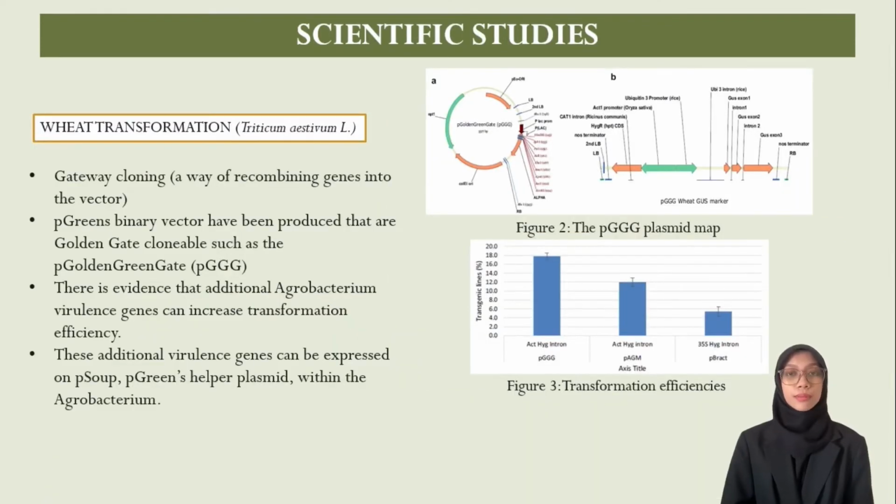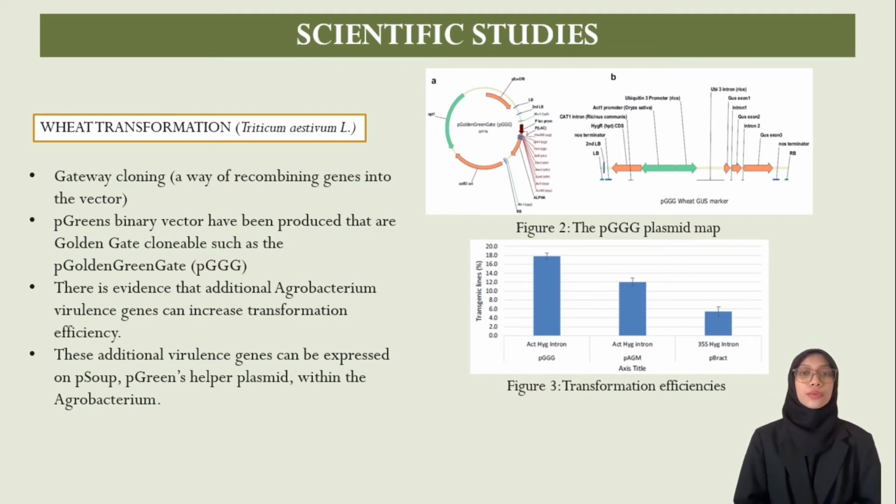Since its development, pGreen has gone global and is today used in thousands of labs on a range of different projects. And I will show you the scientific studies that use this binary vector for plant transformation. Firstly, for the wheat transformation. Over the past 20 years, pGreen has kept up and evolved with modern cloning techniques.